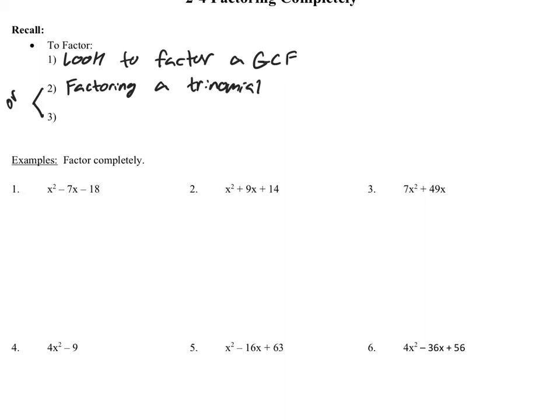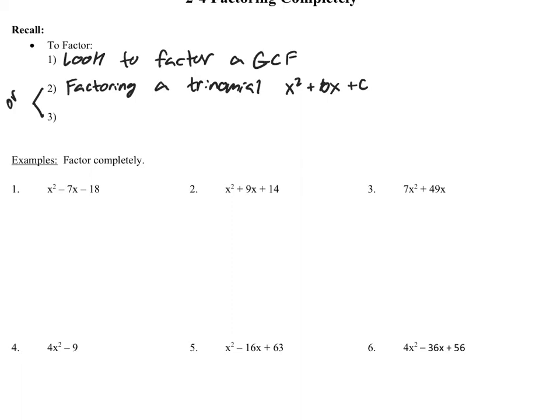After you factor out the GCF, or maybe there wasn't one, you look at what was in the parentheses or the original problem and say, is this of the form x squared plus bx plus c? Is this a trinomial? And if it is, factor it.